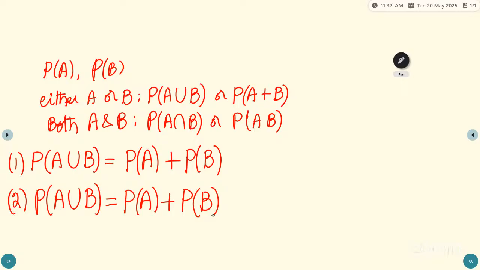What is the meaning of not both? Minus P of A intersection B. Is it clear now? Right. So these two are the theorems related with the addition of probability, or addition theorems on probability.